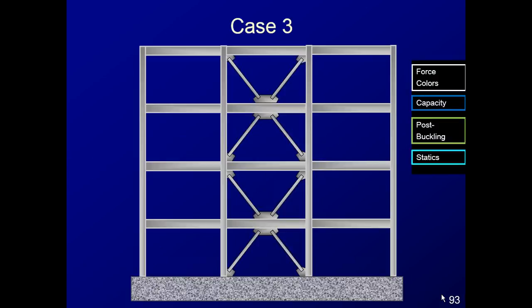And now I need to look at case 3. Again, case 3 is very similar to case 1. What we're doing is taking the member capacity forces for the diagonal braces and using statics to tell us what's consistent with that in the beams. Again, based on the capacity of this brace, I have the same 462 kips I had in case 1.